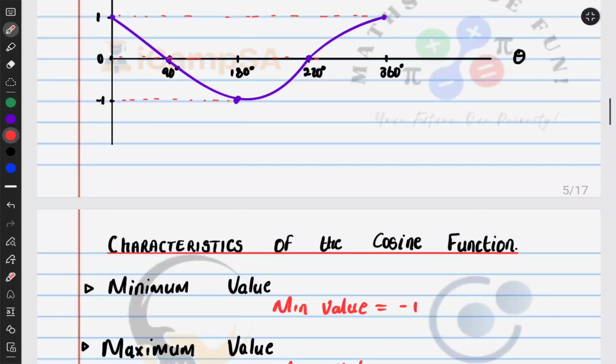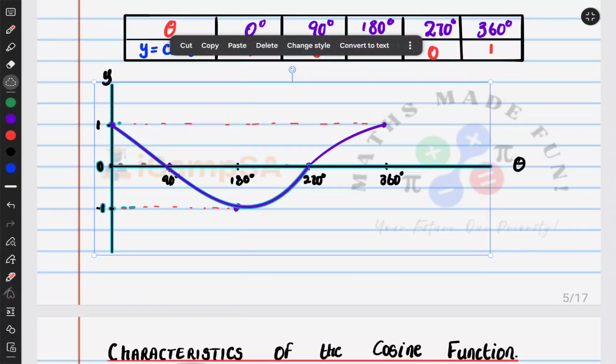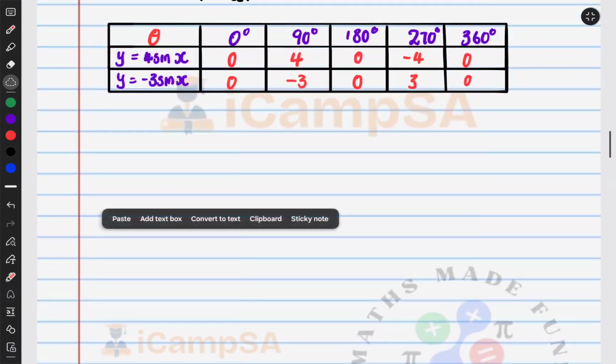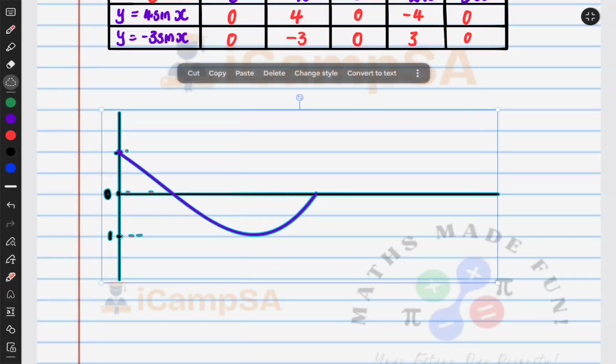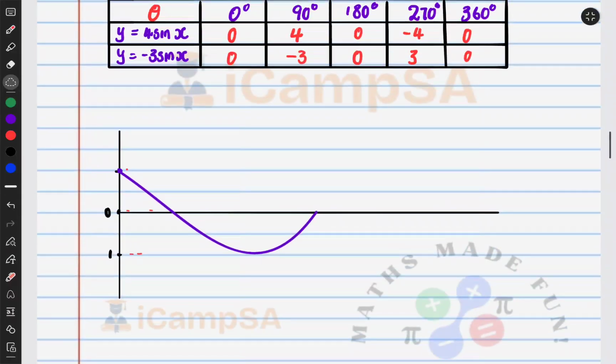We're gonna need the Cartesian plane. I'll just take this one, copy, paste. Let's come here, and since we do have space, let's give ourselves a little bit of space.